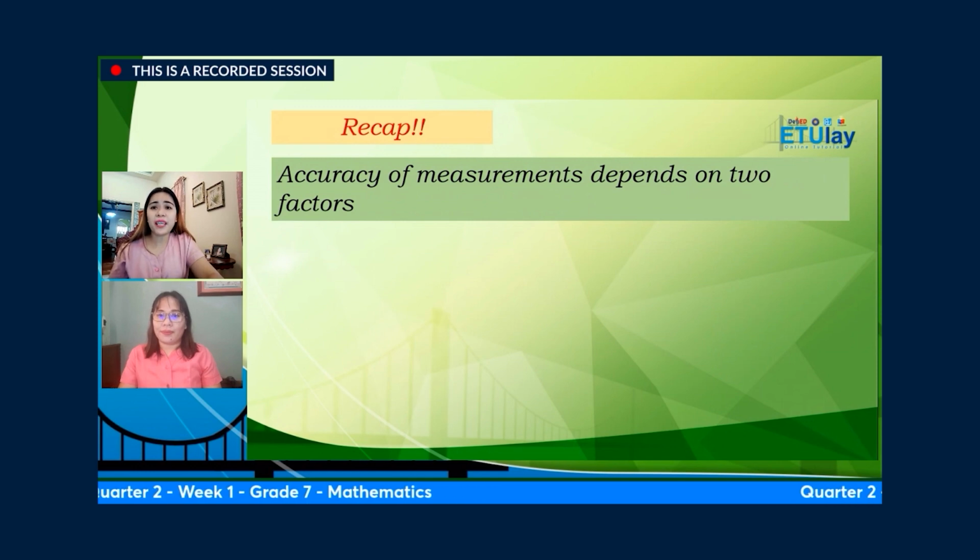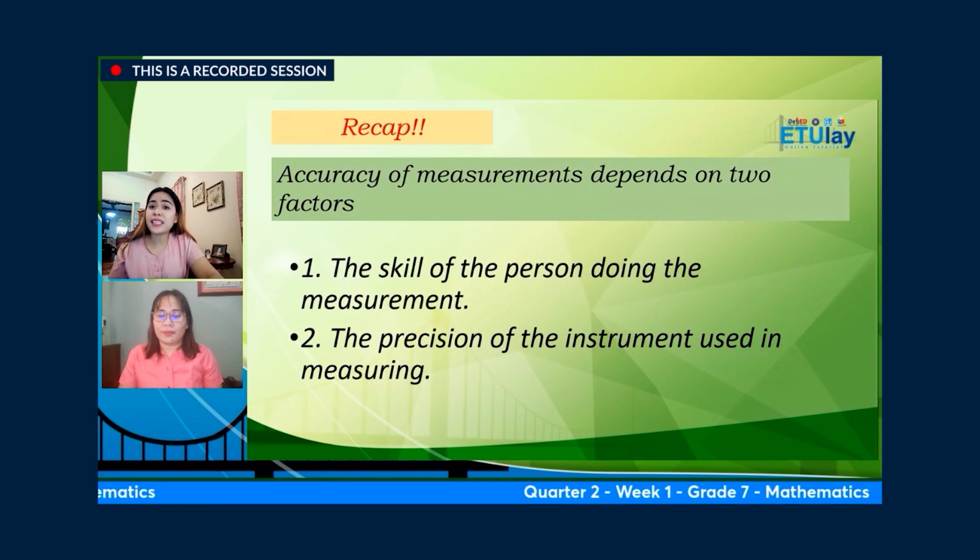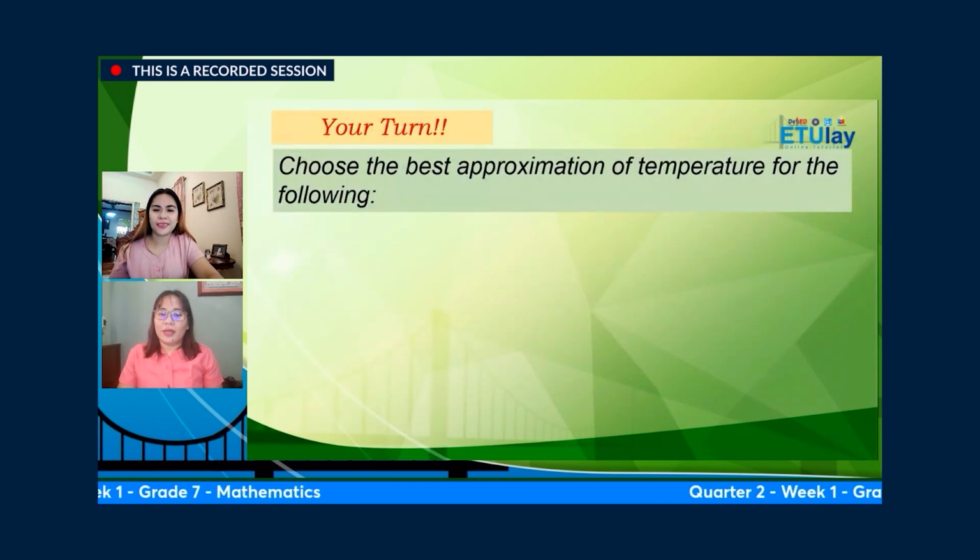The accuracy of measurements depends on 2 factors. We have the skill of the person doing the measurement, and the second one is the precision of the instrument used in measuring.